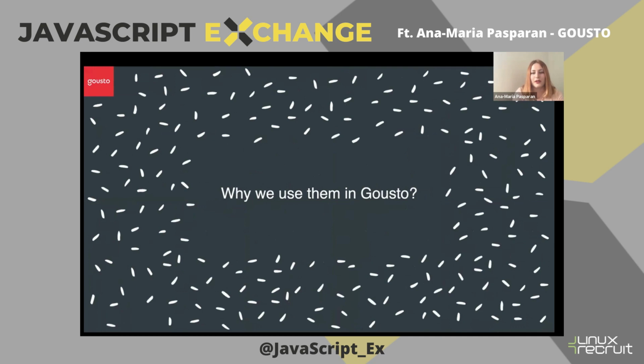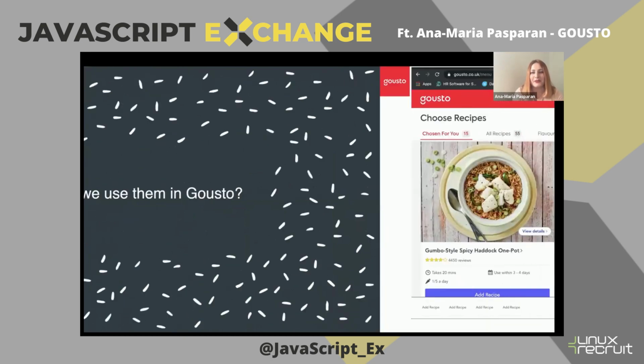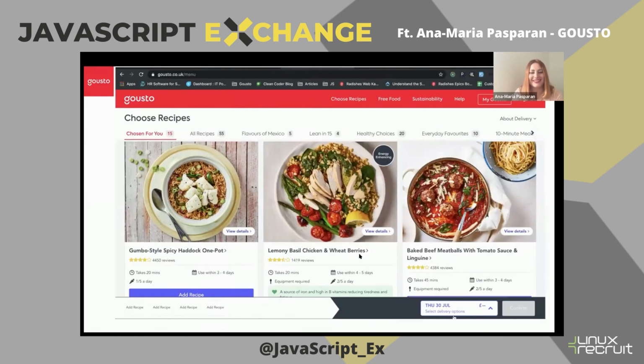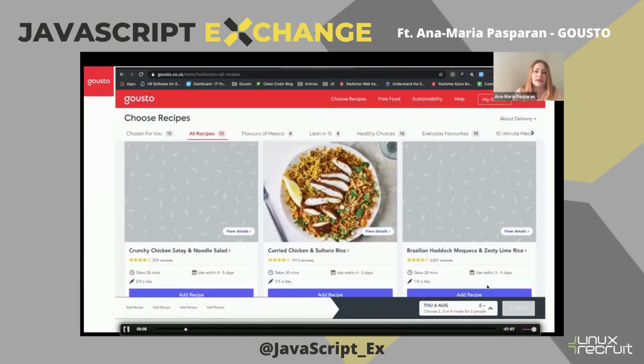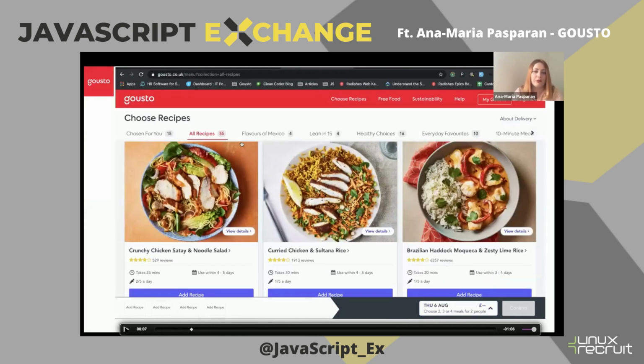So I'm going to just show you on the website how we use them at Gousto. I'm not allowed to show the code. So this is our Gousto website. You can select the delivery date, and based on the delivery date, we will have some recipes in collections.